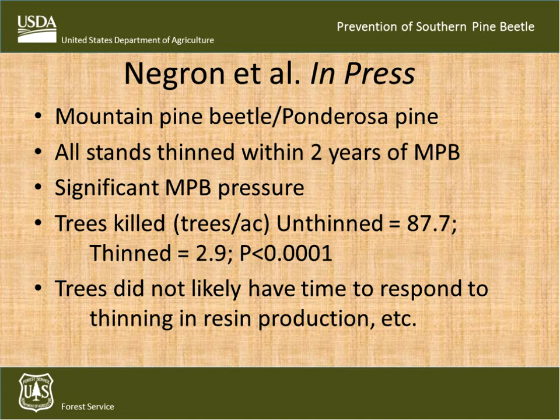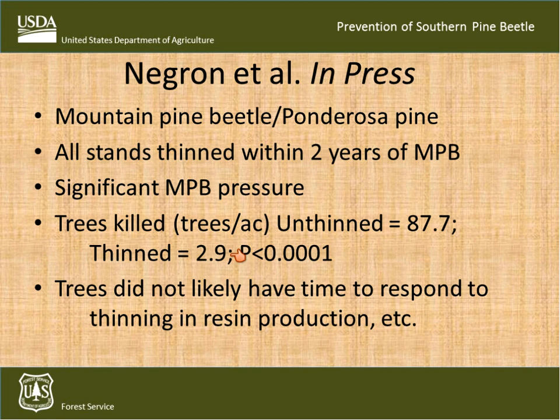Another study that backs this up is one done by Jose Negron with mountain pine beetle and ponderosa pine. They looked at stands that had all been thinned in the past 2 years. There was a lot of mountain pine beetle pressure, and in the unthinned stands, they had almost 90 trees per acre killed versus in the thinned stand about 3 trees per acre.